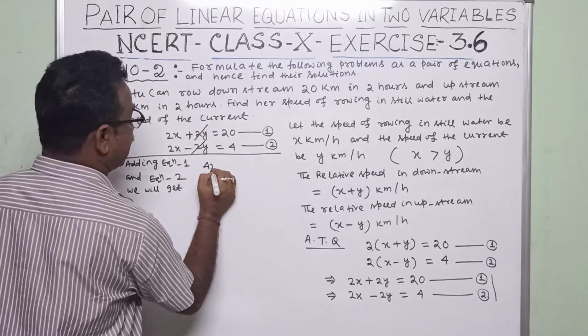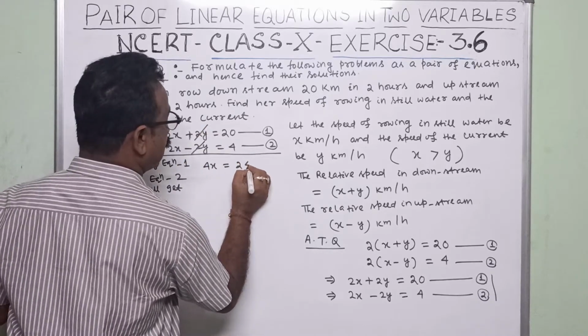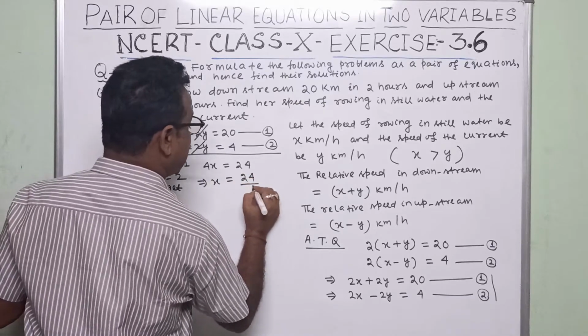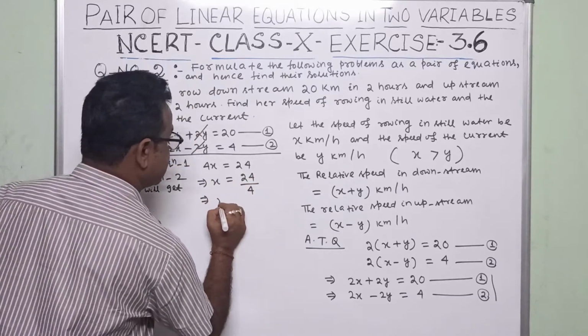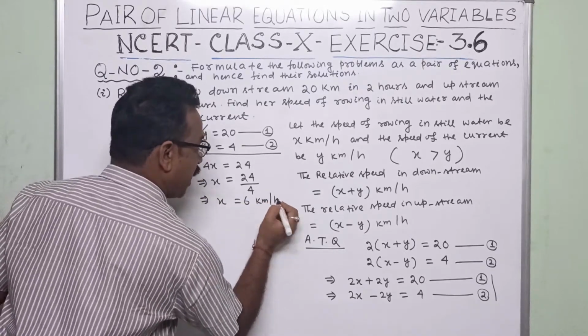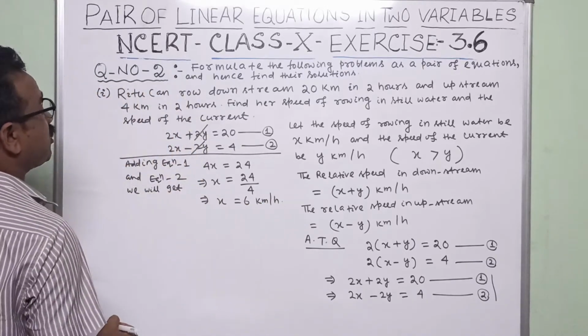Adding, we will get 4x is equal to 24. That implies x is equal to 24 by 4, that implies x is equal to 6 kilometer per hour. Okay. Now we have to find out the value of y.